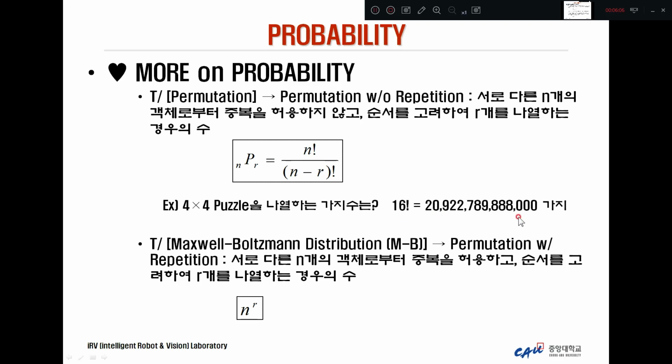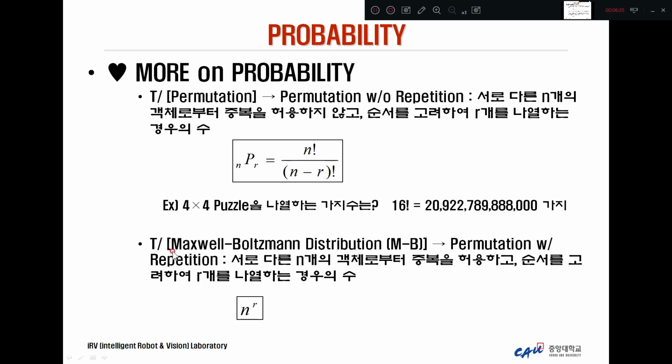This number represents this permutation. So n is 16 and r is also 16. 0 factorial is defined as 1. So 16 factorial divided by 0 factorial.